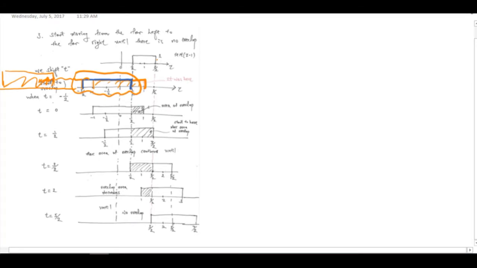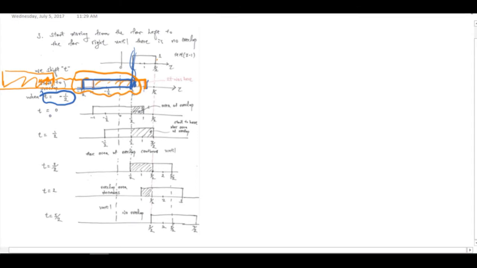Once we shift the waveform from far left all the way to here, that means it starts the overlapping. When we shift the waveform by minus half, it was there, but then the waveform becomes here. So it starts to have a little bit of overlapping.